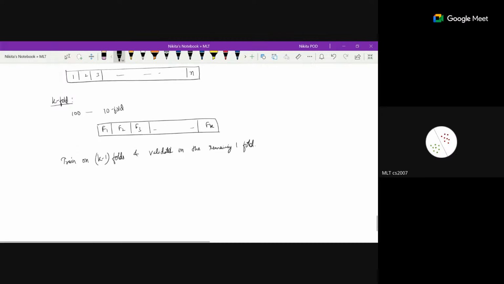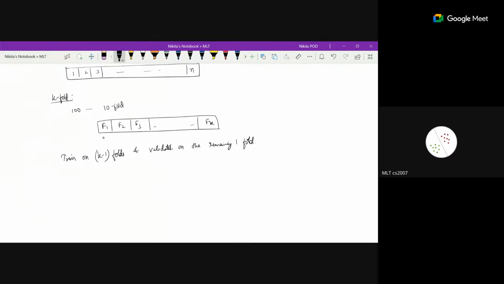So let's say you train your data set on fold 1, fold 2, fold 3 up to fold k minus 1, and you validate on fold k. This is one possibility. Or you train on f2 to fk and you validate on f1.